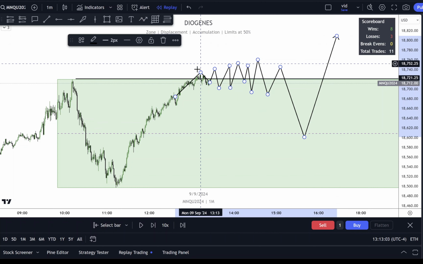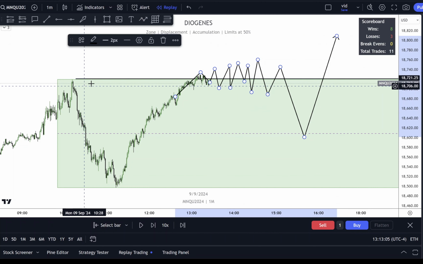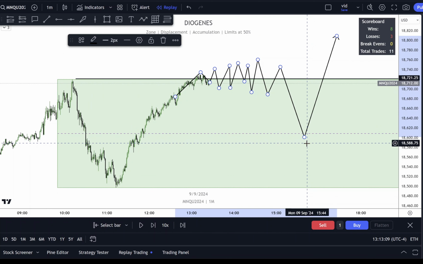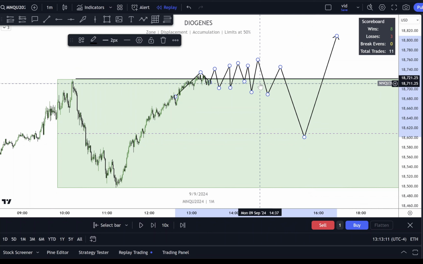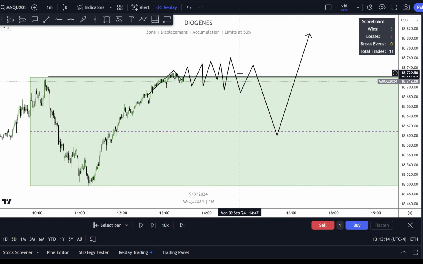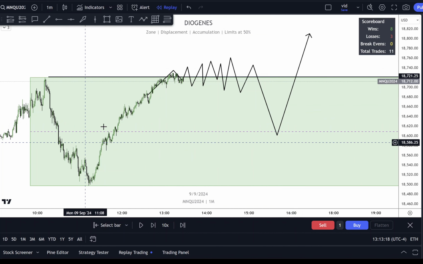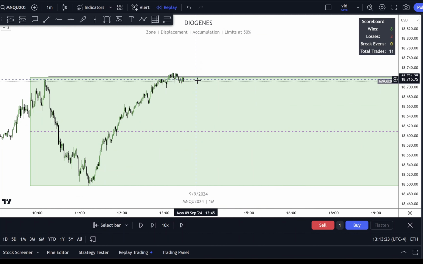So this is where I tell you guys, when we take a higher time frame high, expect accumulation and change of order flow. This change of order flow will be the facilitator for price to move back to the 50% of the higher time frame zone. So please just remember this logic, okay?